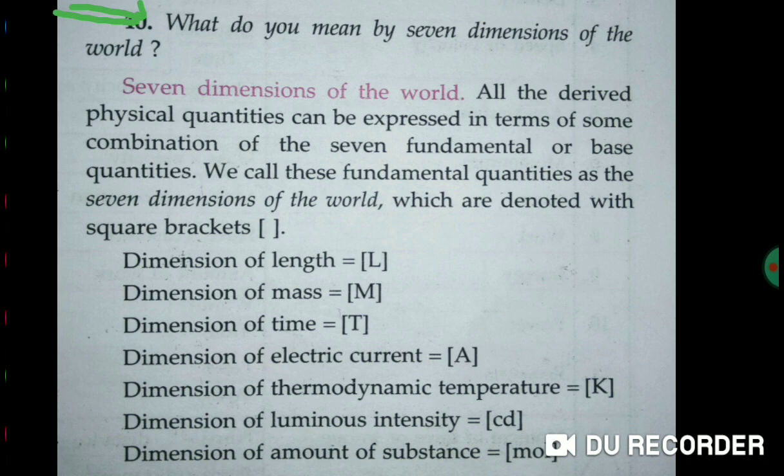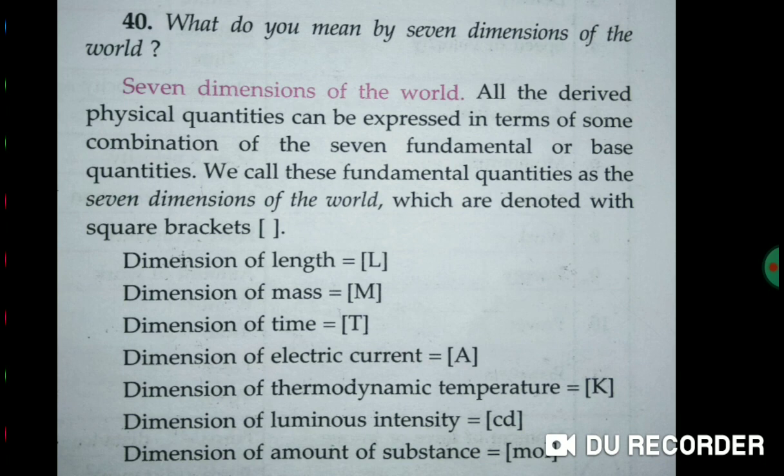All the derived physical quantities can be expressed in terms of some combination of the 7 fundamental or base quantities. We call these fundamental quantities the 7 dimensions of the world, which are denoted with square brackets.